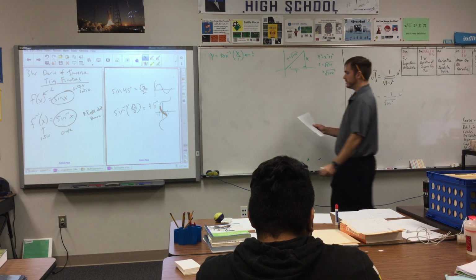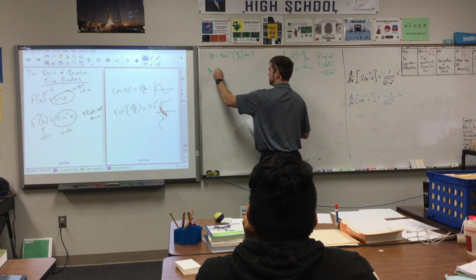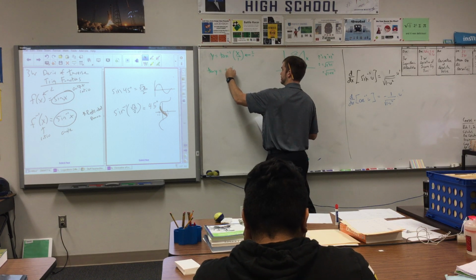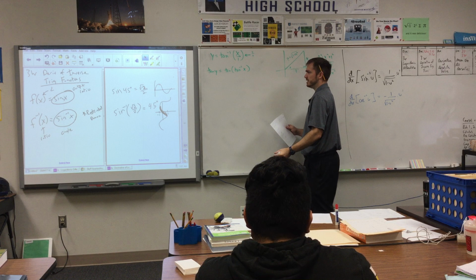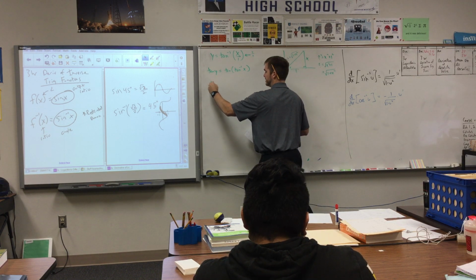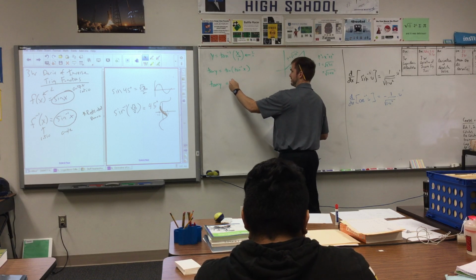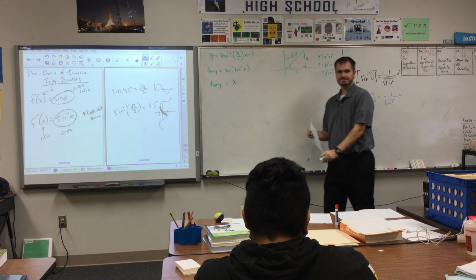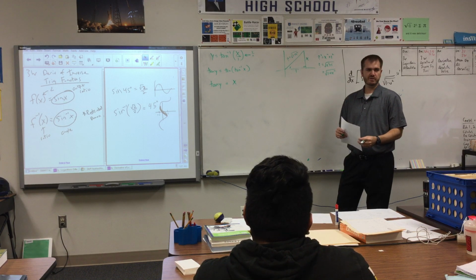Alright, let's get going here. We'll go ahead and take the tangent of both sides. Tangent of y equals the tangent of the inverse tangent of x. So tangent y equals x. Let's go and take the derivative of both sides.